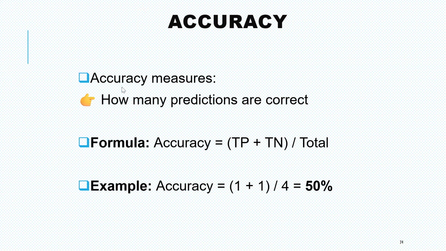Now, the accuracy we are talking about measures how many predictions were correct. Okay? So based on the table I just asked you to take a picture of, how many of the predictions do you think are correct there?